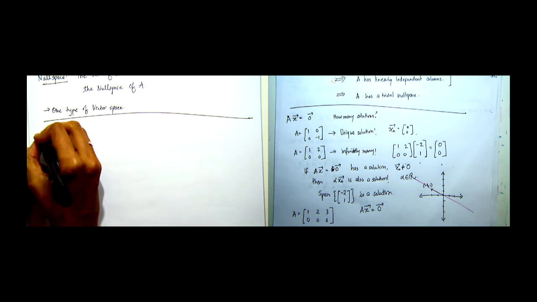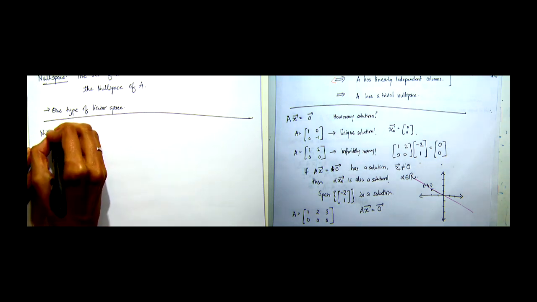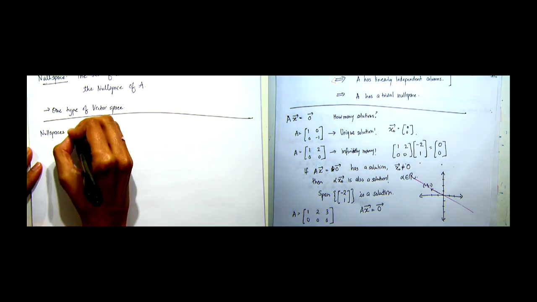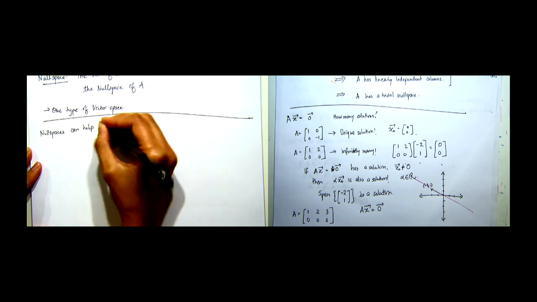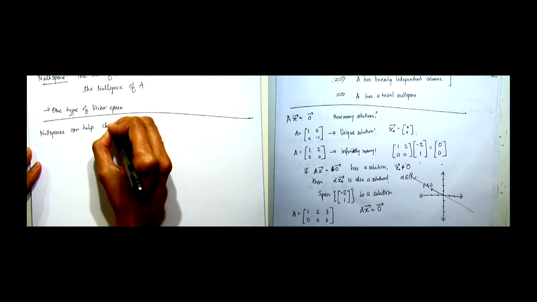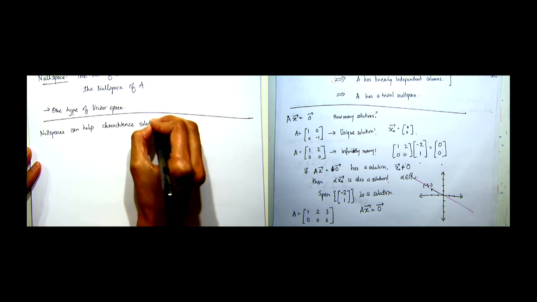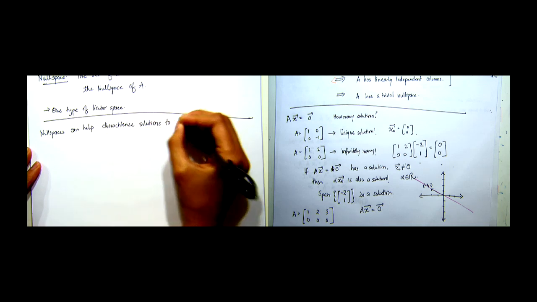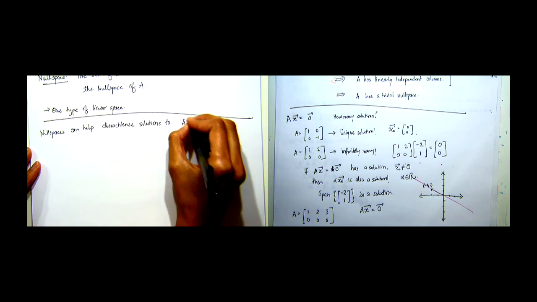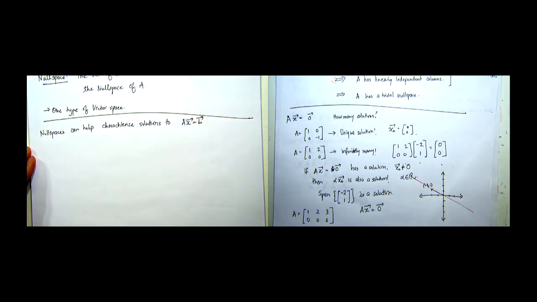How do you say which vectors are actually solutions? And so null spaces can help characterize solutions to the system of linear equations.